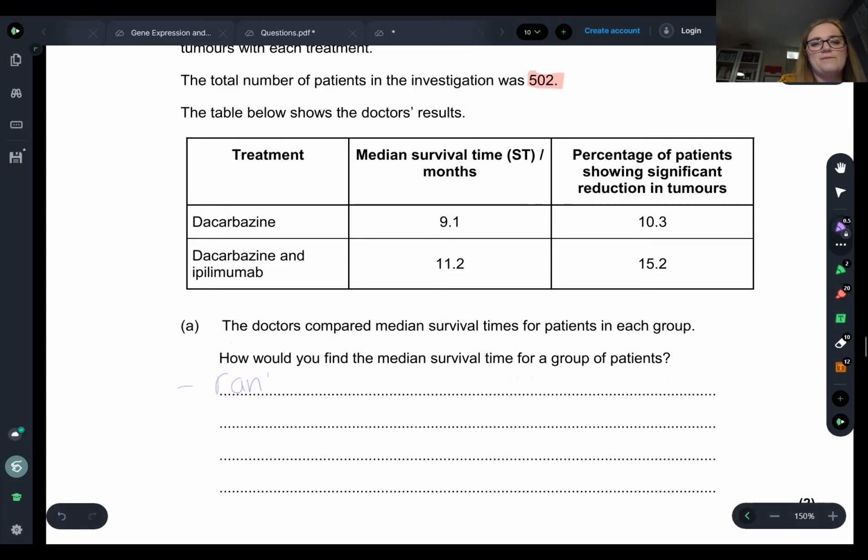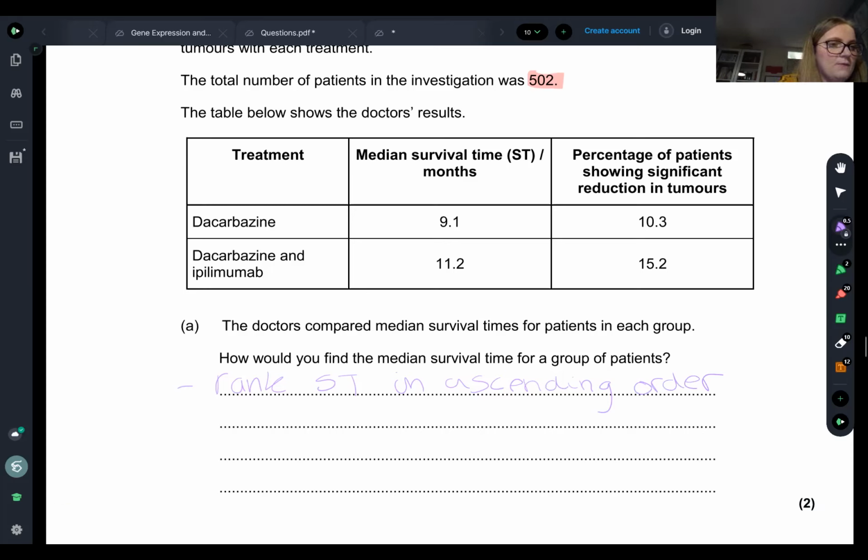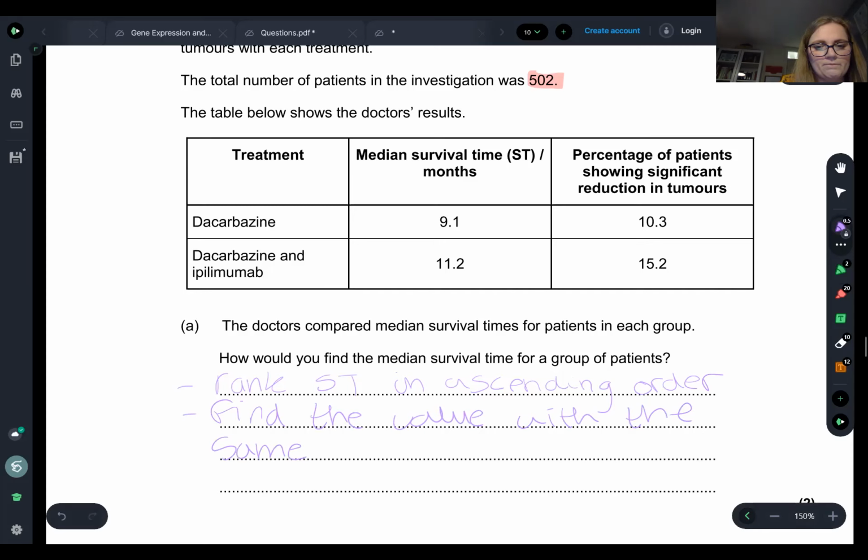So obviously remembering the median is just that middle number, and we would find the value with the same number above and below. You can just say find the middle.